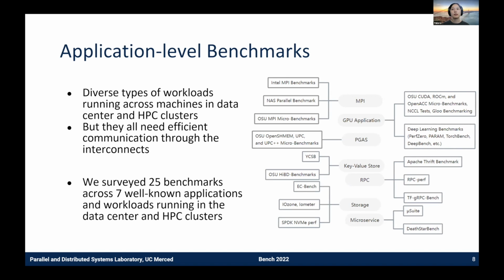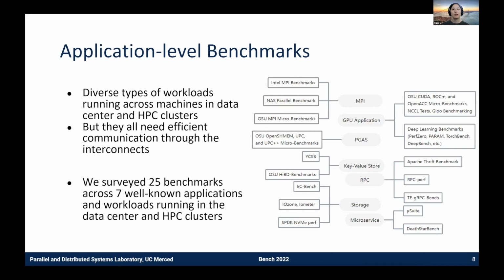For example, the RPC application with Ethernet-based communication and with InfiniBand-based communication may have a 10 times latency gap, which could have a huge impact on the behavior of the application. Therefore, using benchmarks to evaluate the applications that run on specific hardware is crucial for researchers and developers.